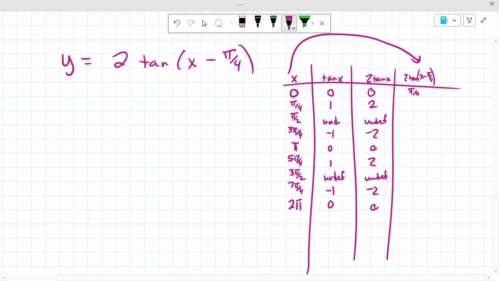So then I just go pi over 4, pi over 2, 3 pi over 4, pi, 5 pi over 4, 3 pi over 2, 7 pi over 4, 2 pi, and then 9 pi over 4. That's where they'll be. I'm just adding pi over 4 to each of my x values.